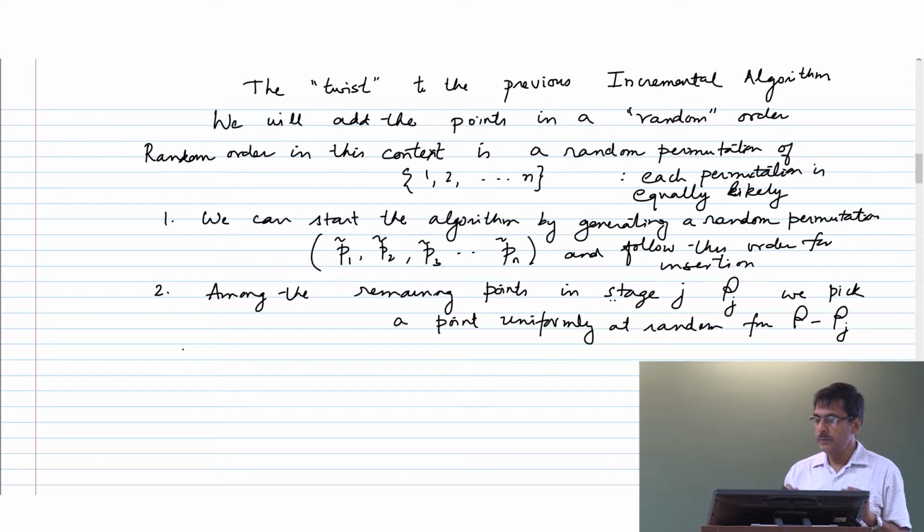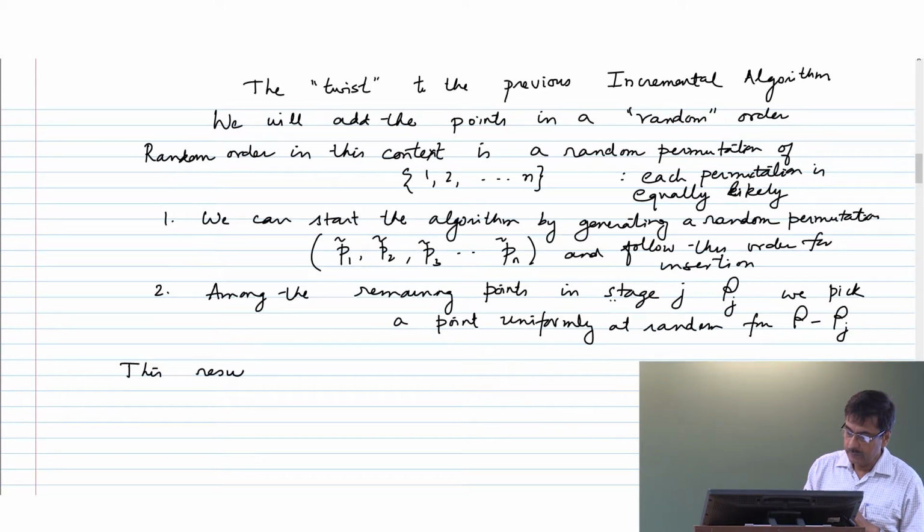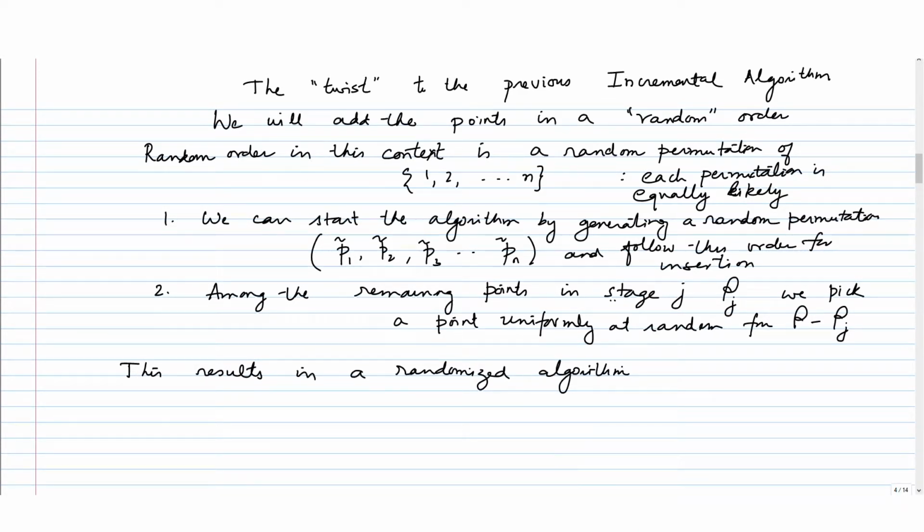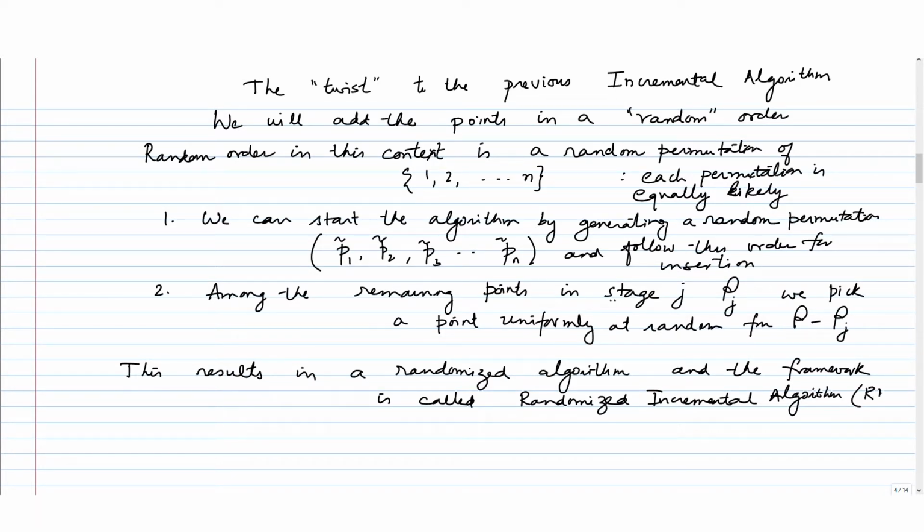Since I'm using a random permutation, or picking the next object at random, this results in a framework, a randomized algorithm, and the framework is called the randomized incremental algorithm, or I will actually use the acronym RIC.